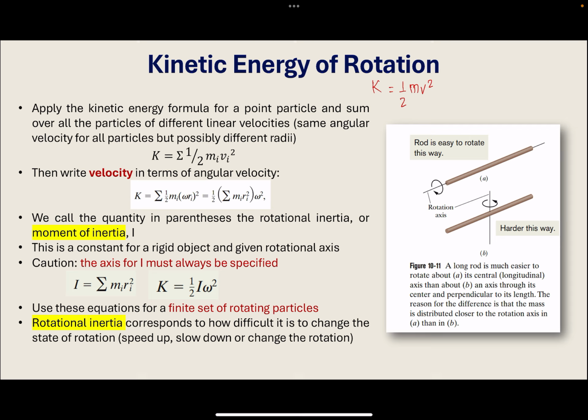For a rigid body, we can think of it as composed of many small particles. Each particle i has a mass m_i, a distance r_i from the axis, and a linear speed v_i. So the total kinetic energy is the sum of all particle energy, and then we have this formula.